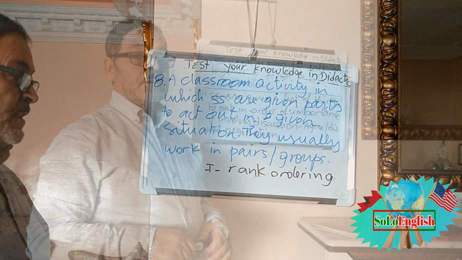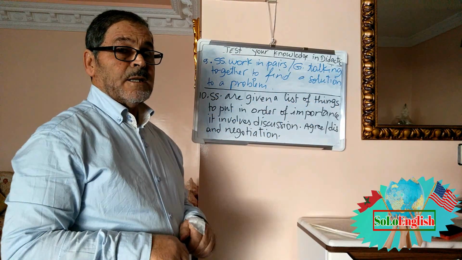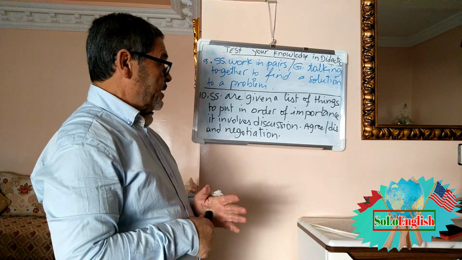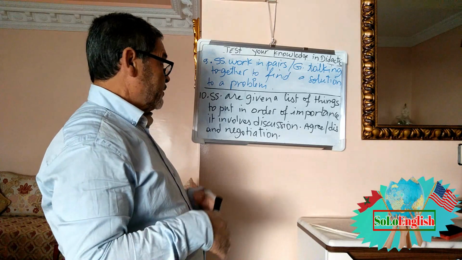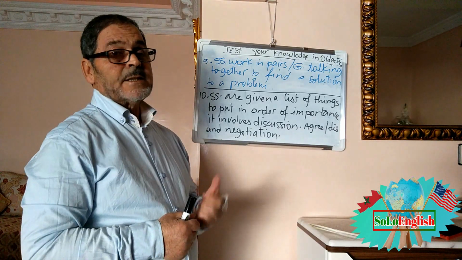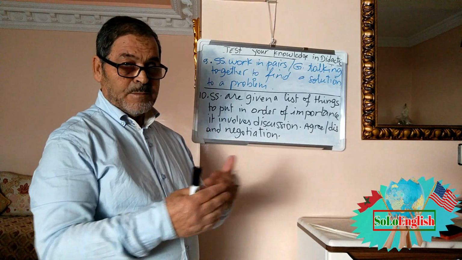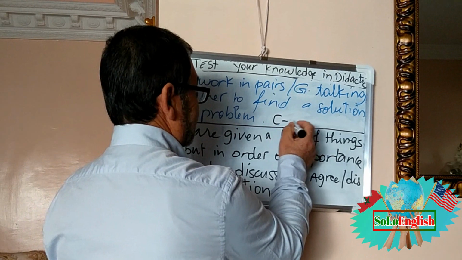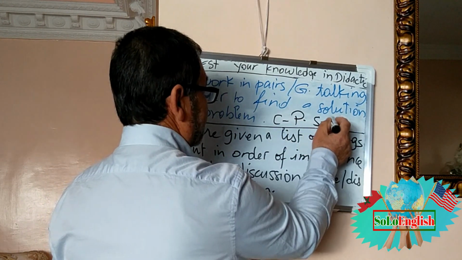Okay, let's go on with number 9 and number 10. Number 9, students work in pairs or in groups, talking together to find a solution to a problem. Here it is clear, we have problem solving. So this is C, it is problem solving.